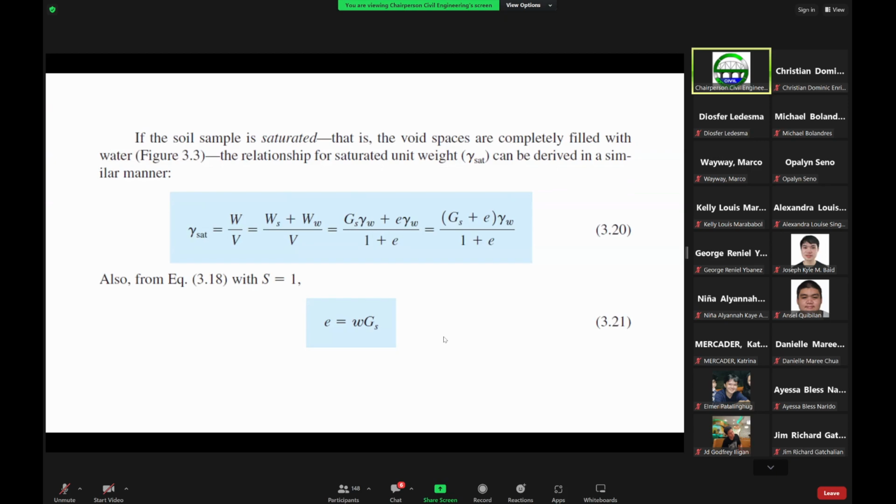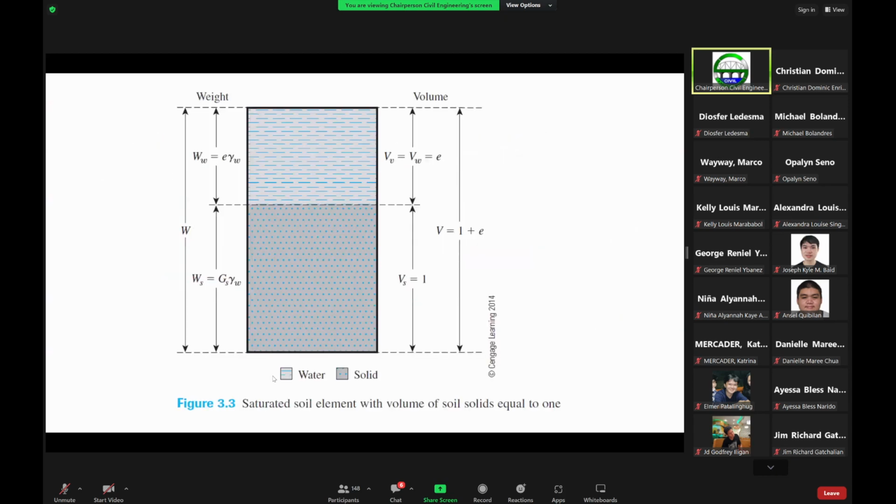Now, if the soil sample is saturated, that is, the void spaces are completely filled with water, there's a figure here, that's this one here. So that means the voids are now fully filled with water. Then here you now have the soil solids.